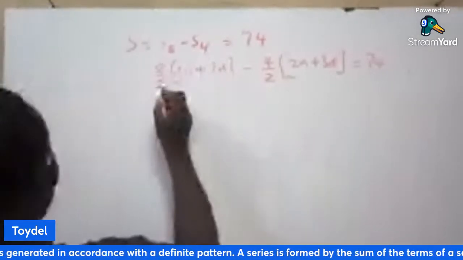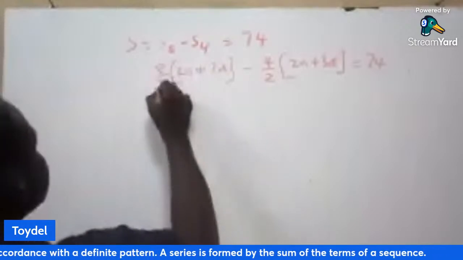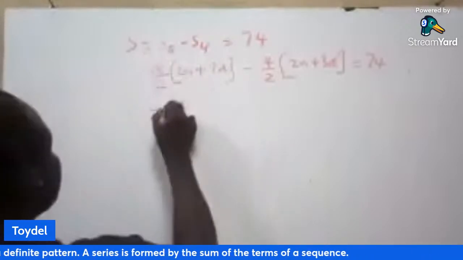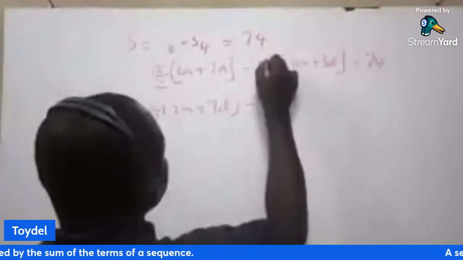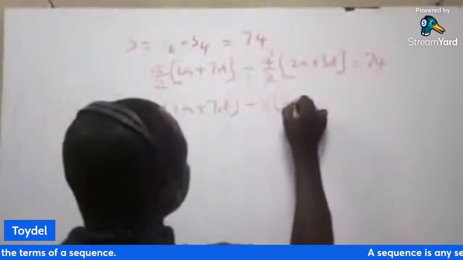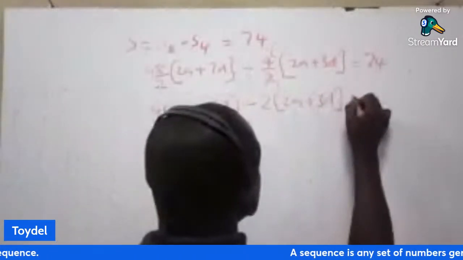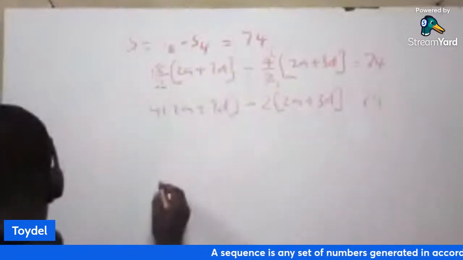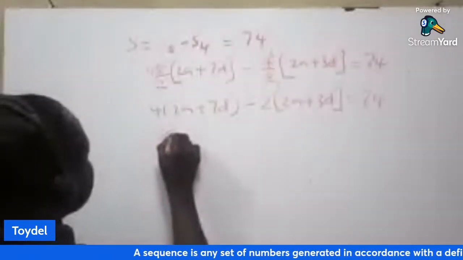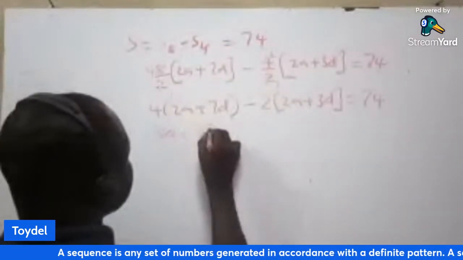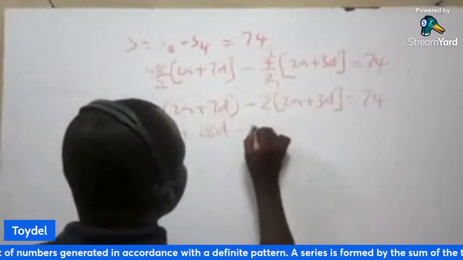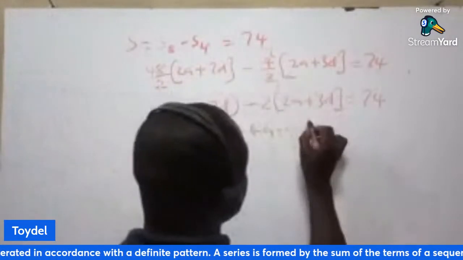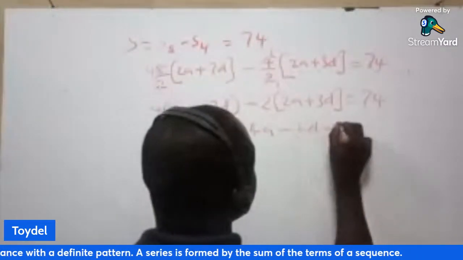So here, what do we have? 8 over 2 will reduce this to 4. I'm going to have 4 into bracket 2a plus 7d minus 2 into bracket 2a plus 3d is equal to 74. Then if I open up here, I'm going to get 8a plus 4 times 7, that is 28d, minus 4a minus 6d is equal to 74.